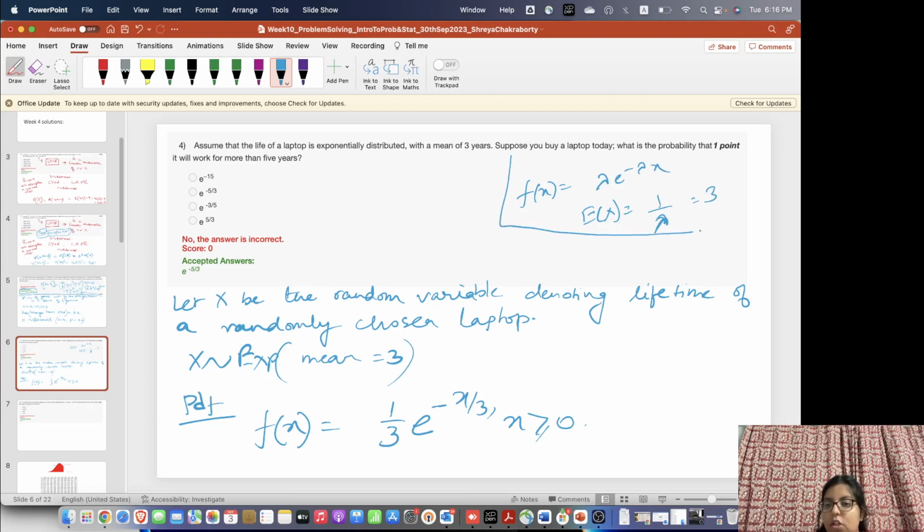If we write f(x) equal to 1 by lambda e to the power minus 1 by lambda x, then expectation of X in this format will be lambda itself. Here expectation is 3, so we have written it in this format, 1 by 3 e to the power minus x by 3. Now what is the probability that it will work for more than 5 years?